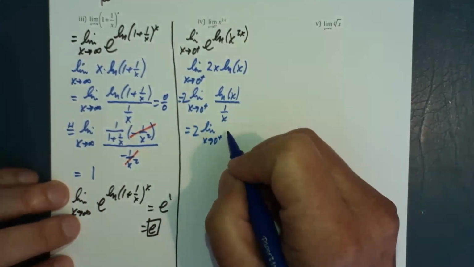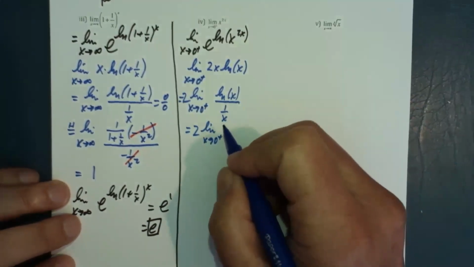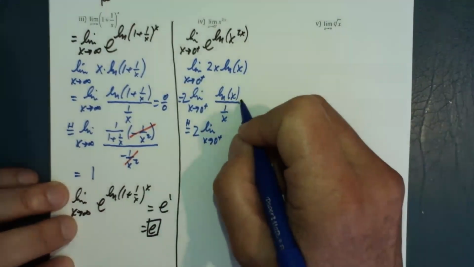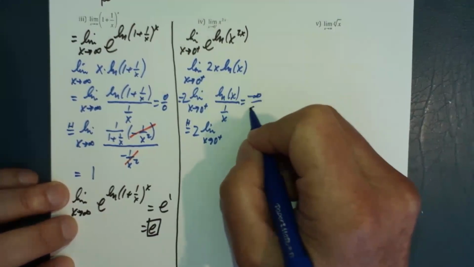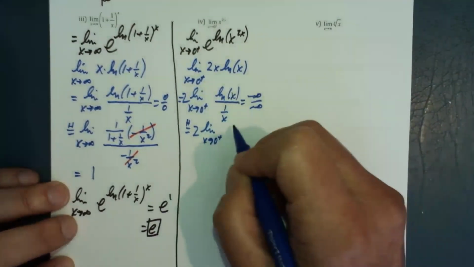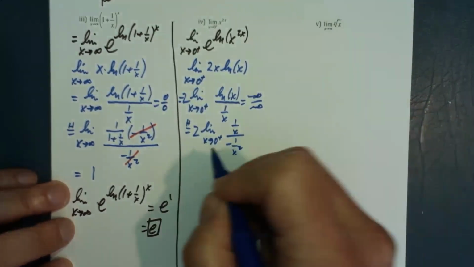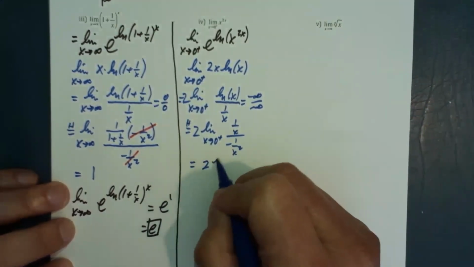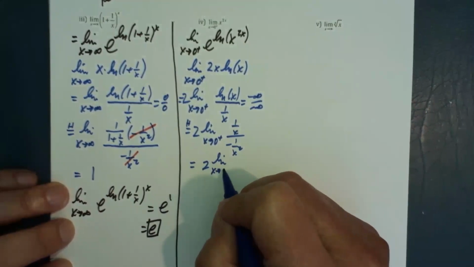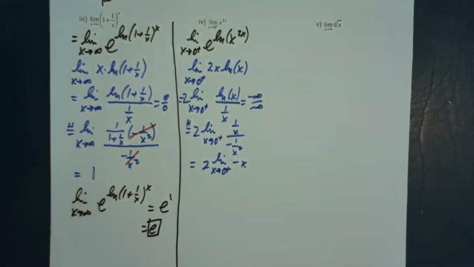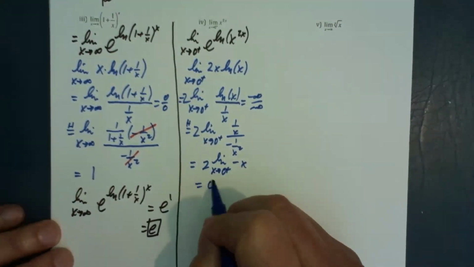And we are going to get, actually, negative infinity over negative infinity, pardon me. When I apply L'Hopital's, I'm going to get 1 over x up top, and down below, I'm going to get negative 1 over x squared. Which gives us a negative x. And now when I plug in 0, we get that this limit is 0.